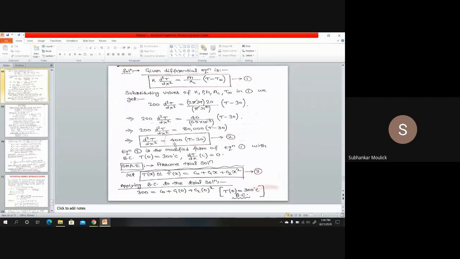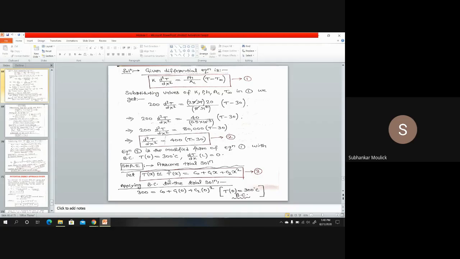In order to assume the trial function, you have to look at the governing differential equation. This is your governing differential equation. Highest order of this governing differential equation is 2. So better to take a polynomial function of second degree, which is nothing but a quadratic polynomial.